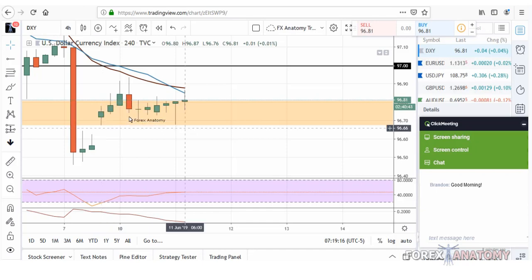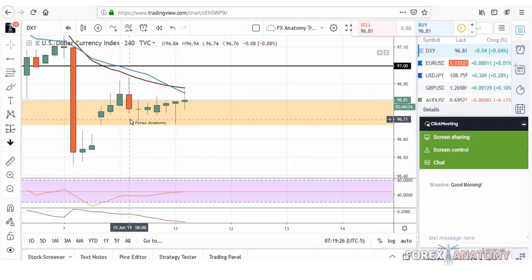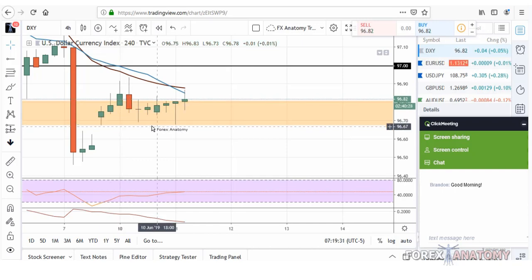But the market really has been in consolidation, and right now it's hard to figure out where the dollar really wants to go. So if you're not in a position right now, then your best bet is to wait for a breakout. Either break below this low right here, because we have a low and we have a high.